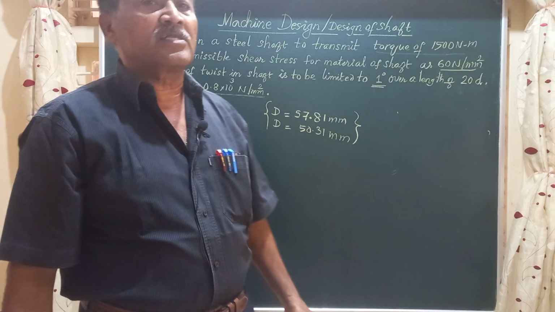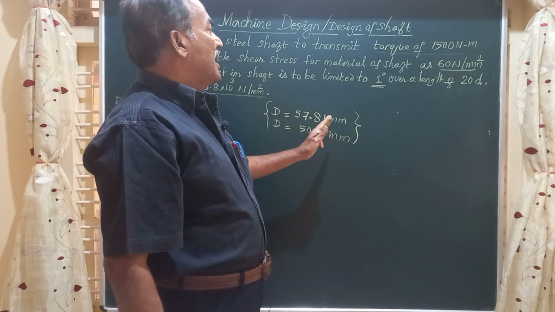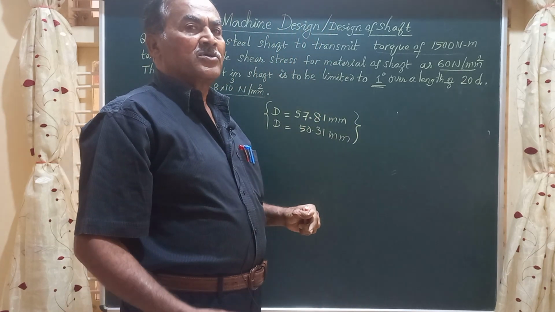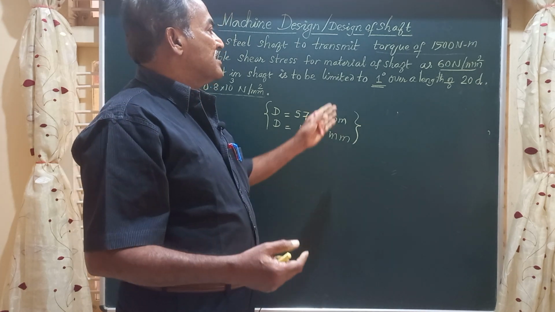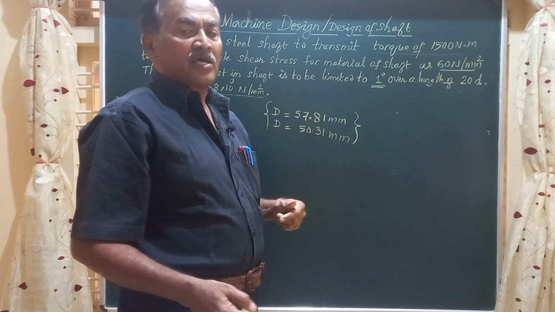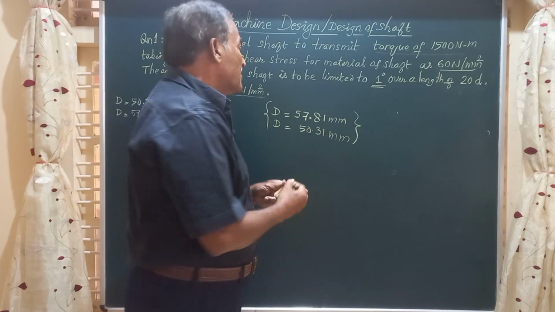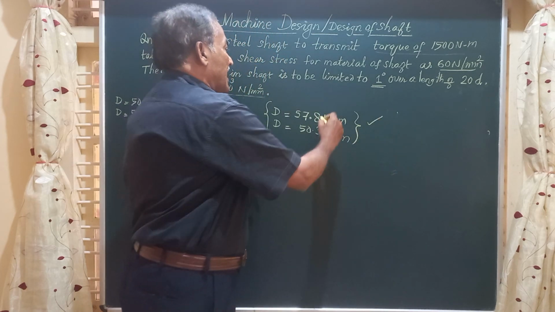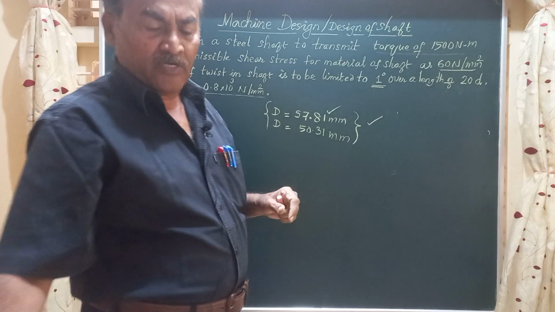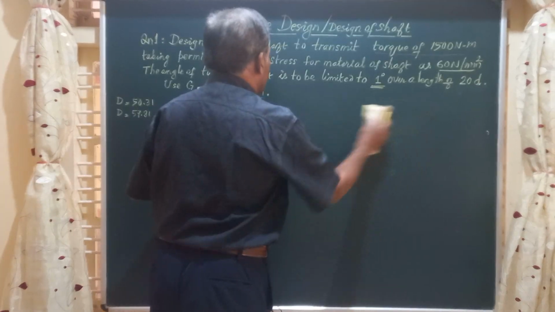So friends, then comes the question, which value is to be taken as the shaft diameter, so to transmit the power and also to restrict the angle of twist to 1 degree. Friends, in such cases, the higher of the two values is to be selected as the shaft diameter to sustain and to transmit the given torque.